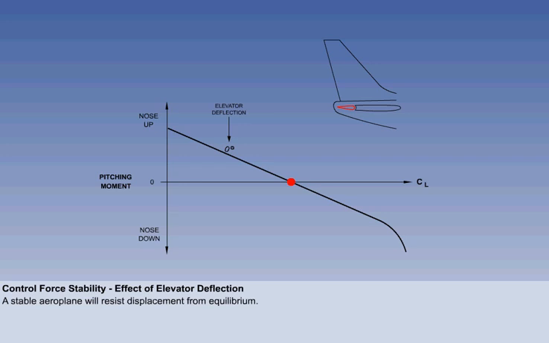The elevator is neutral to the tailplane, and the aircraft is flying level at a given lift coefficient. A momentary increase in angle of attack generates a stabilizing nose-down pitching moment. A momentary decrease in angle of attack generates a stabilizing nose-up pitching moment.